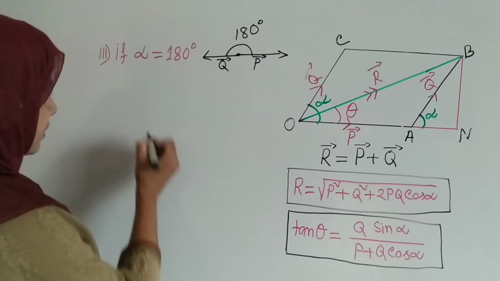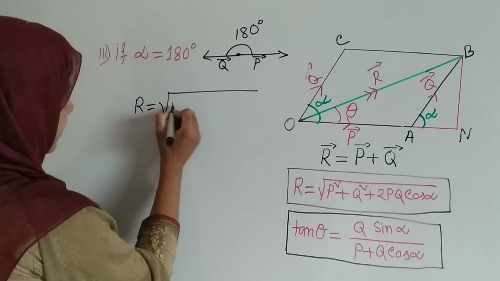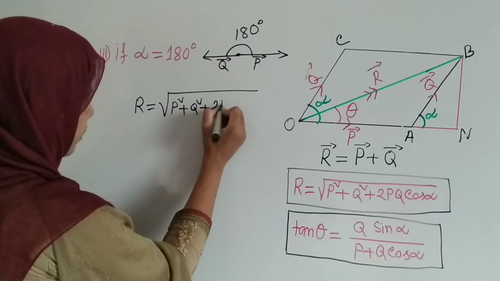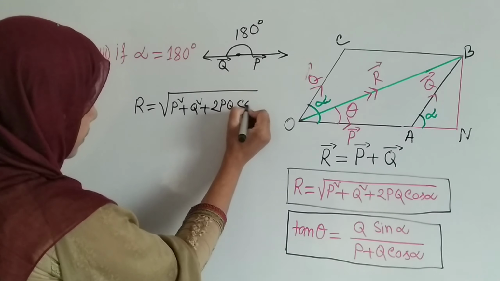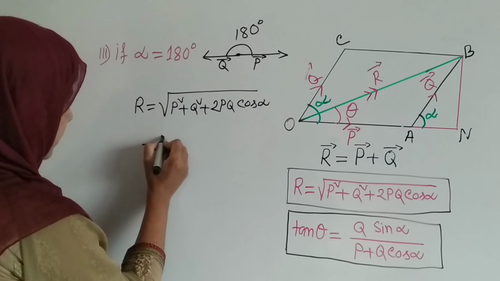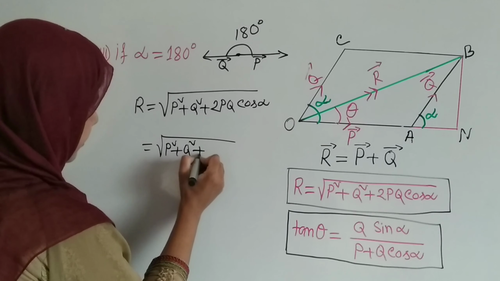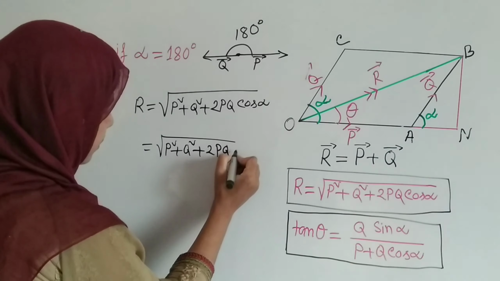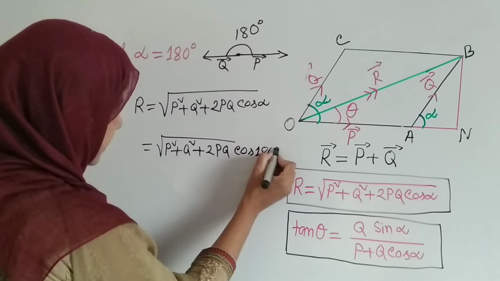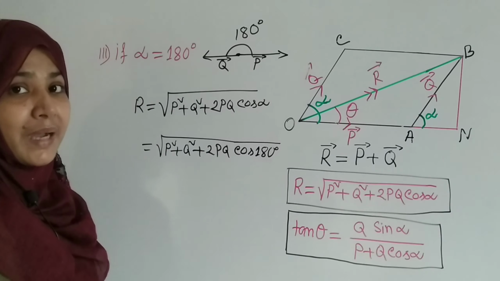In that case, R equals root over P square plus Q square plus 2PQ cos alpha, that is P square plus Q square plus 2PQ cos 180 degree, and the value of cos 180 degree is -1.